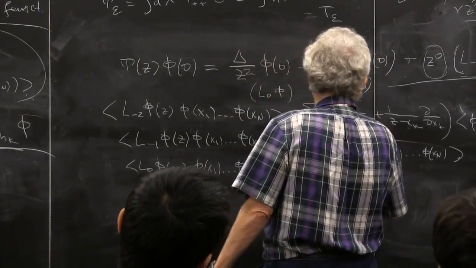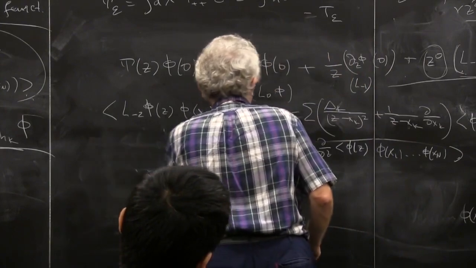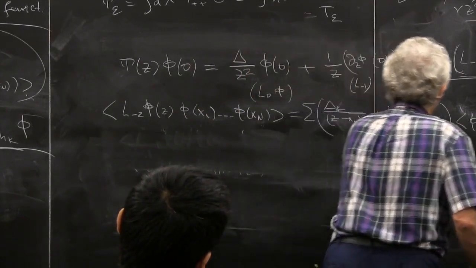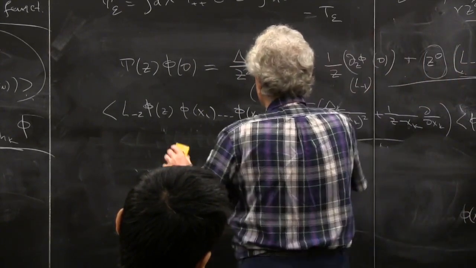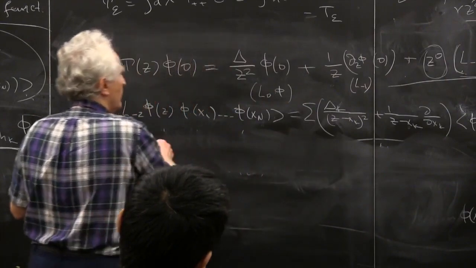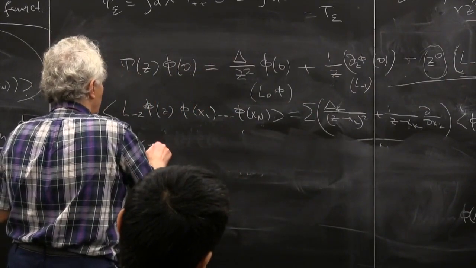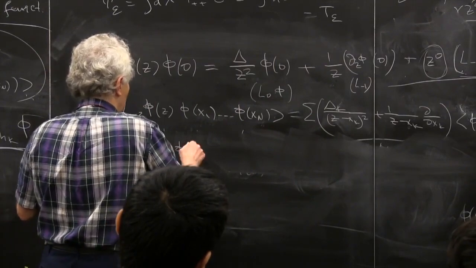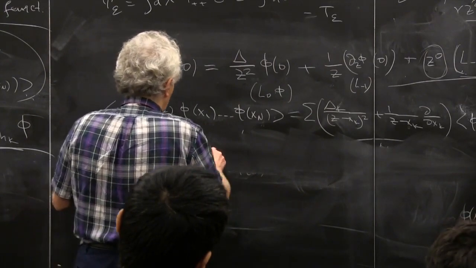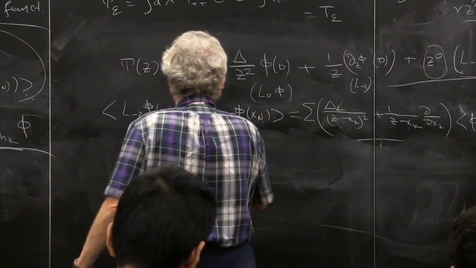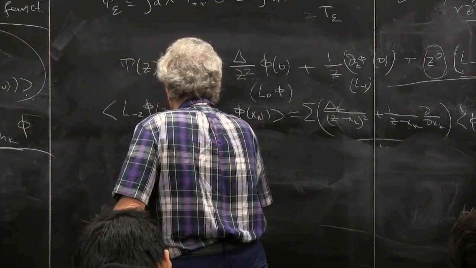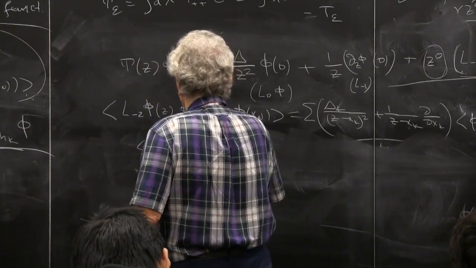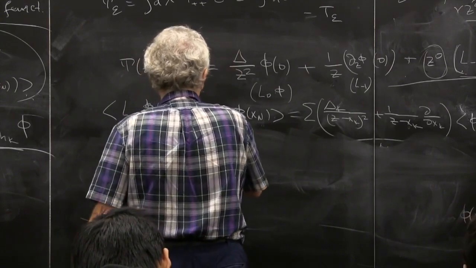So let's look at this. This is L minus 2. Now we have T of z, phi of 0, and so on. So L naught applied.